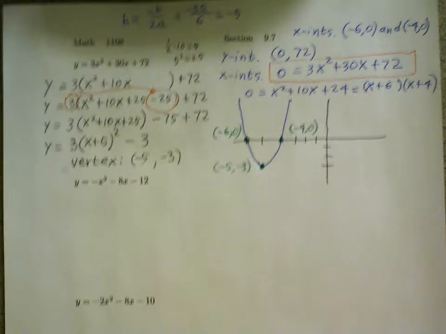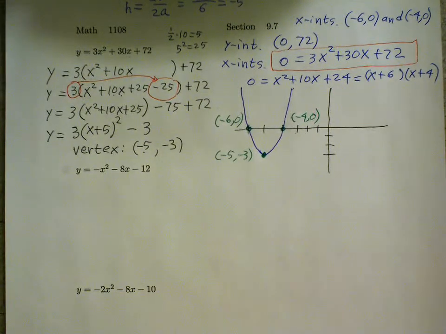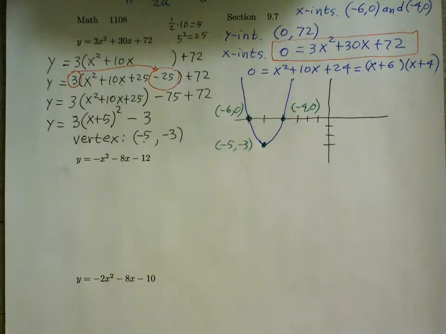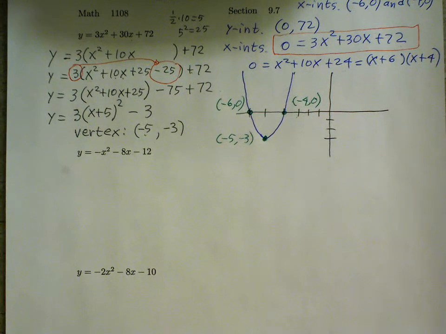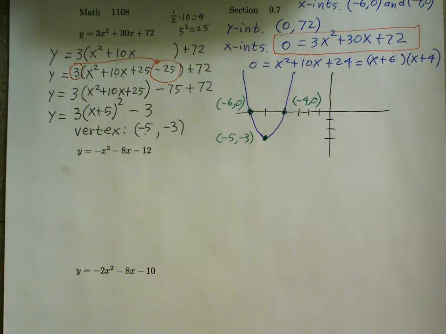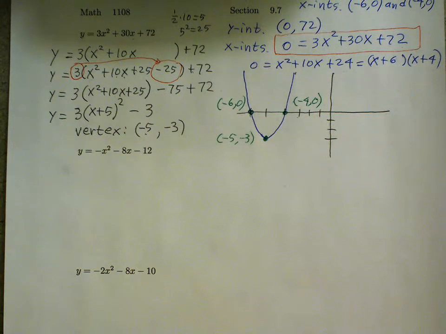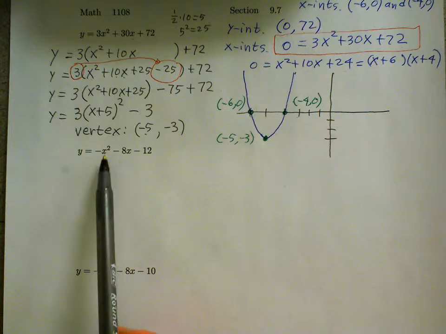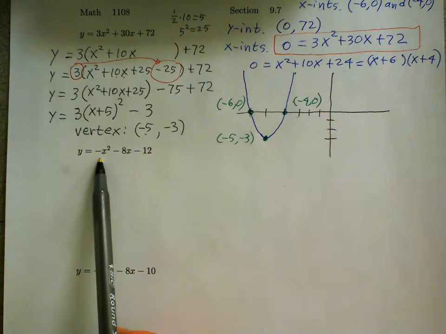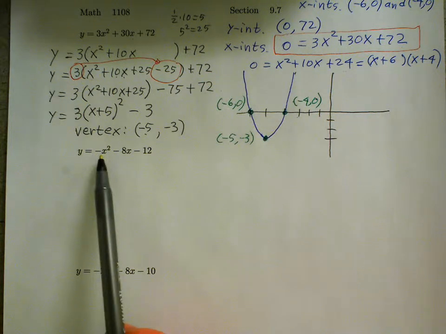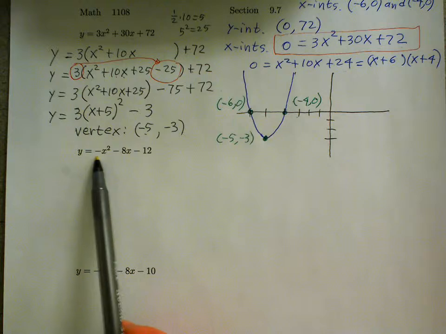This time we have y equals negative x squared minus 8x minus 12. We want to rewrite it so that it's in vertex form. The leading coefficient is -1. In other words, a is -1.